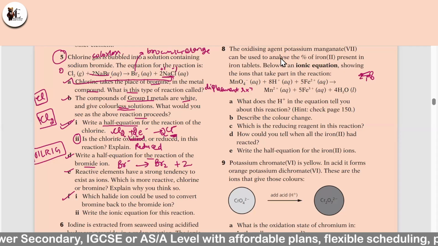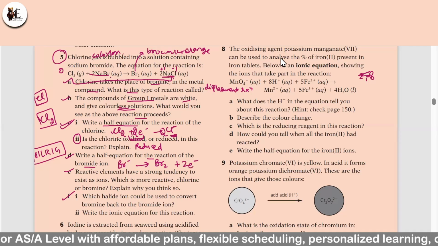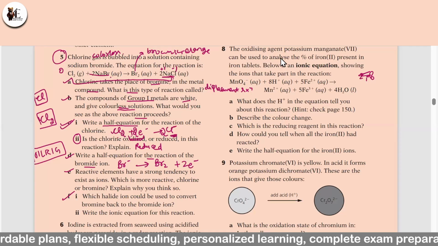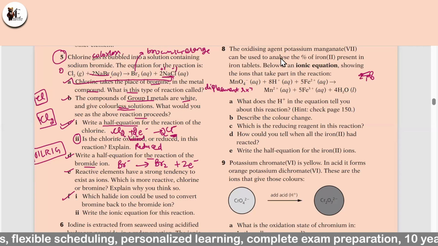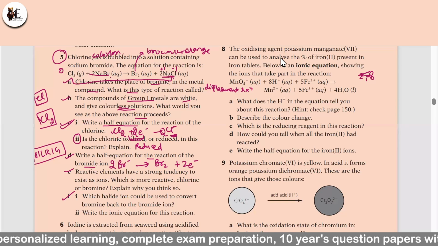Is the equation balanced? It's supposed to be 2Br minus. Yes, now it is correct.